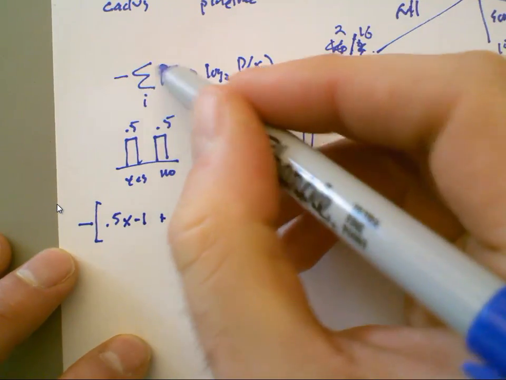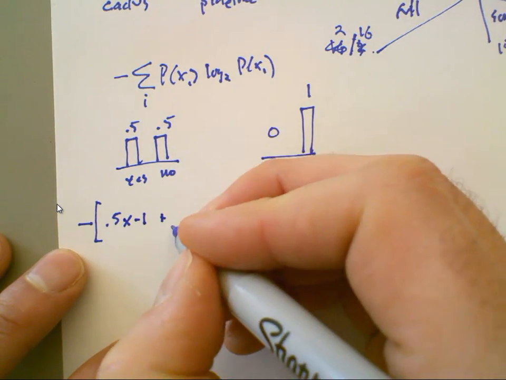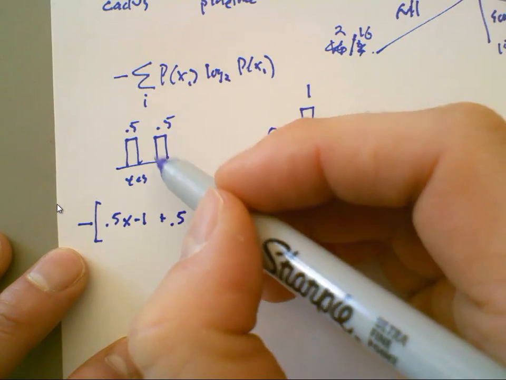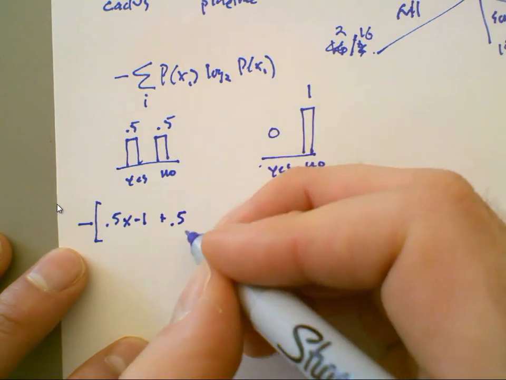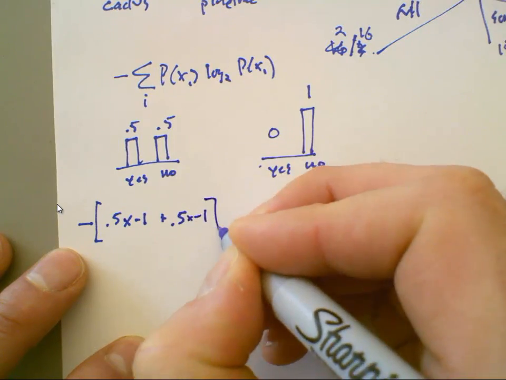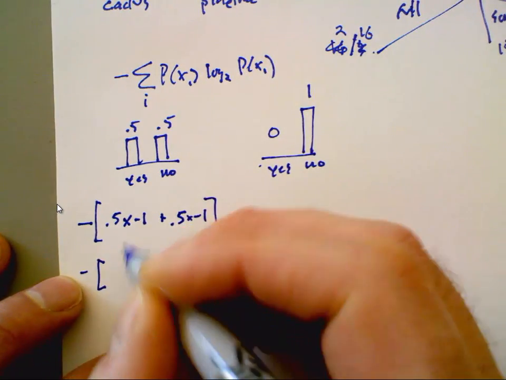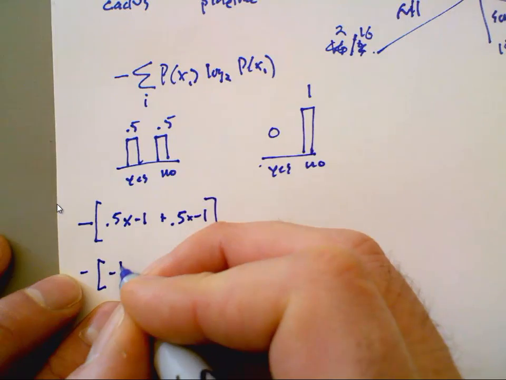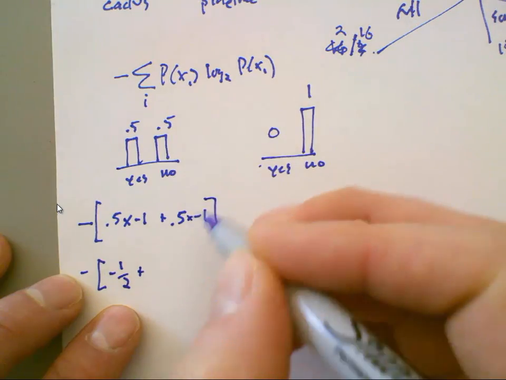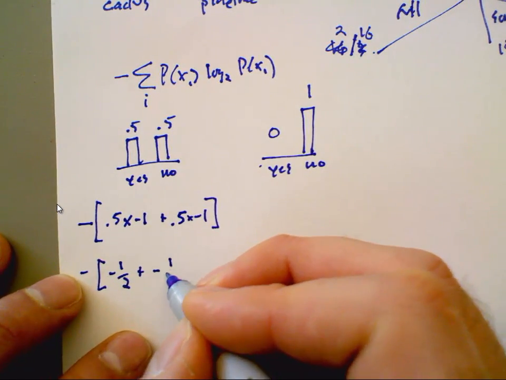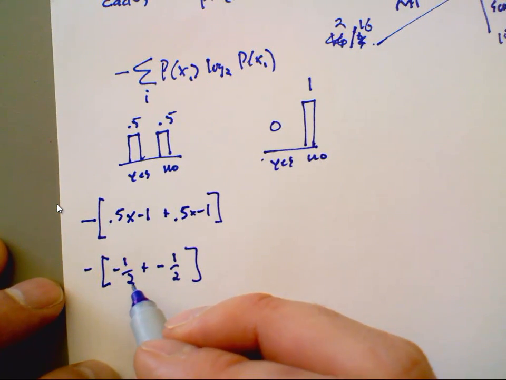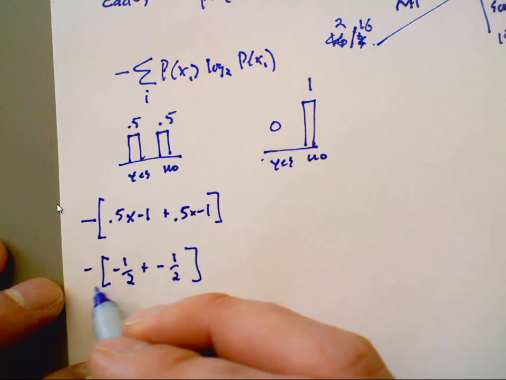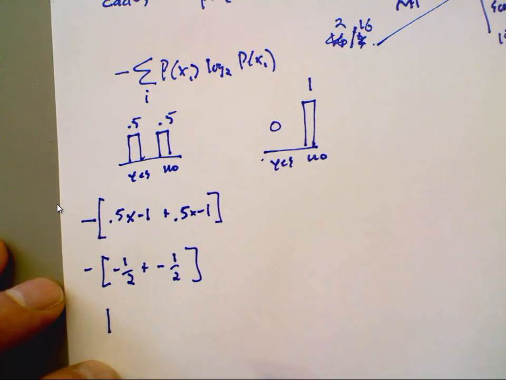Plus, because I'm doing this summation, there's a probability 0.5 of getting no. The log base 2 of 0.5 is also negative 1. So this whole thing is negative 1/2 plus negative 1/2, which is negative 1, but then you take the negative, and so it's going to be 1.